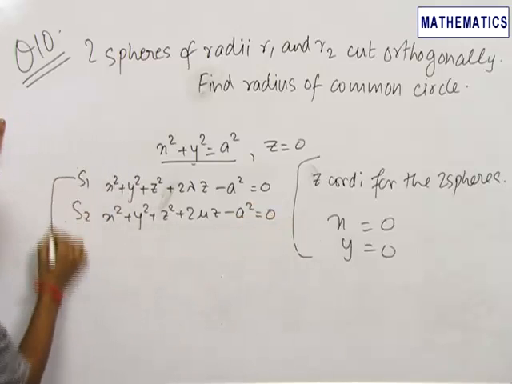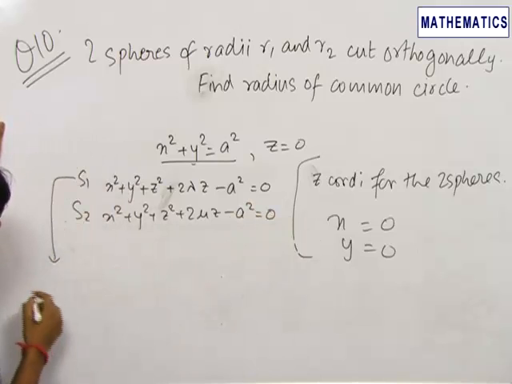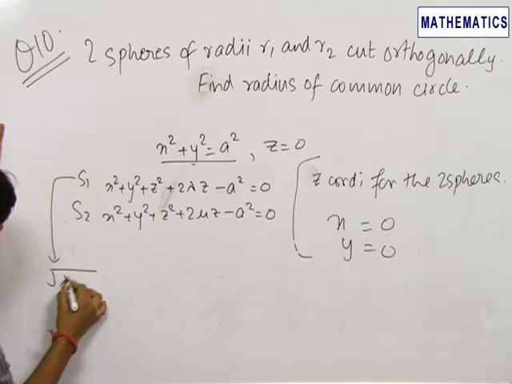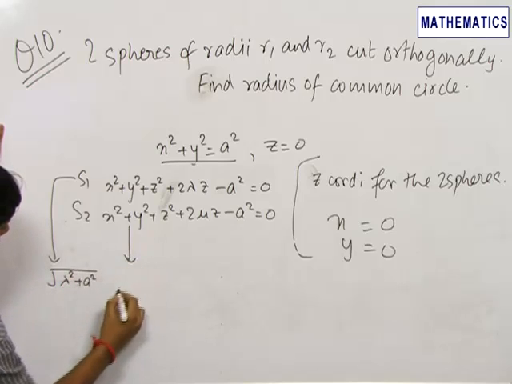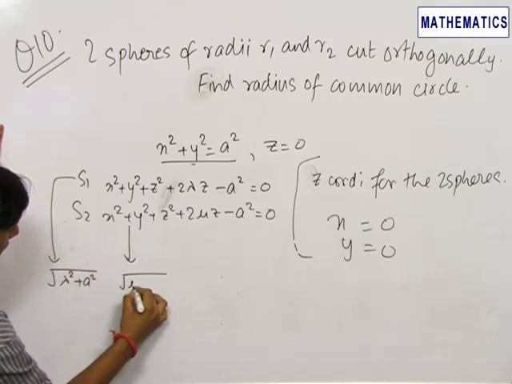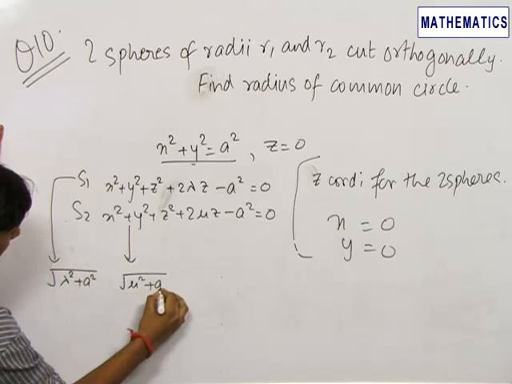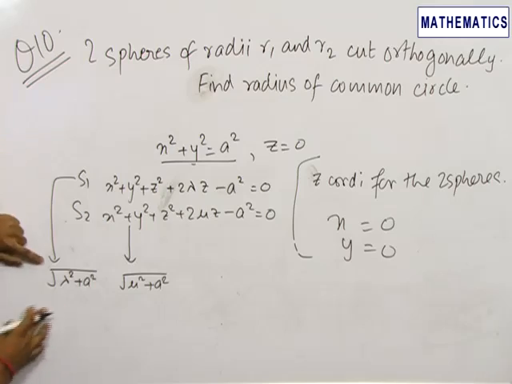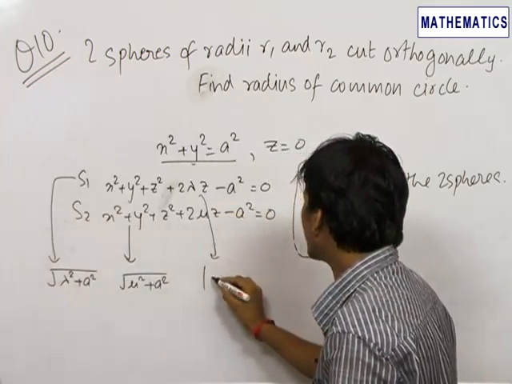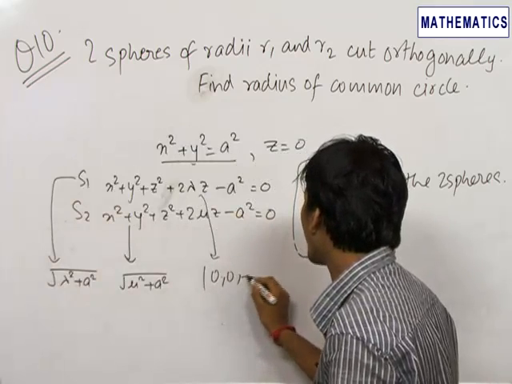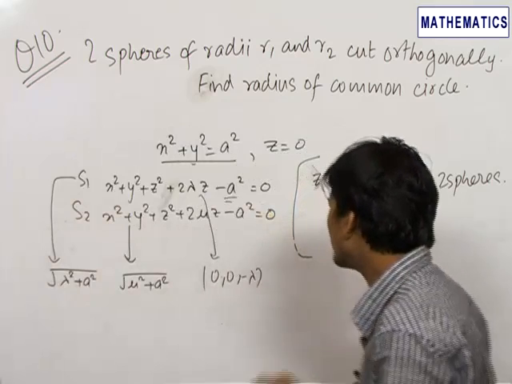Now the radius of sphere S1 can be written to be equal to root over lambda square plus a square, and the radius of sphere 2 can be written to be equal to root over mu square plus a square. That is, this is written in the format where you find the center, that is 0, 0, minus lambda, and this is the constant term.